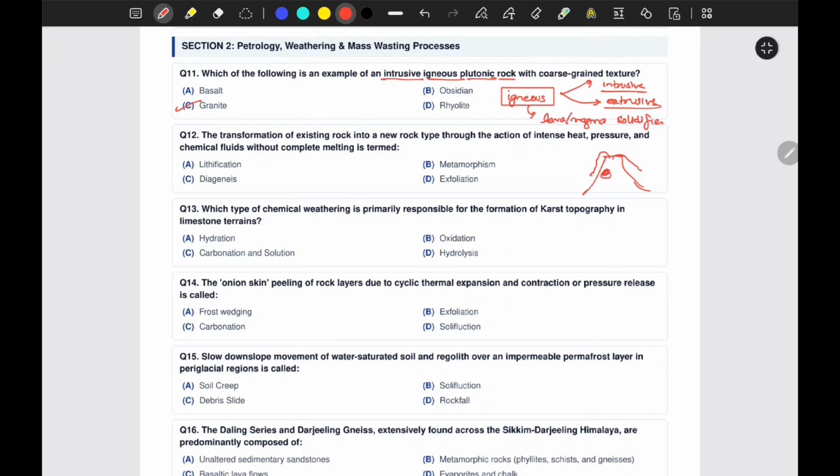Some magma solidifies inside the earth's surface; these are known as intrusive rocks because they solidify inside the surface, and some solidify outside the surface. These are known as extrusive rocks, whereas these are known as intrusive igneous rocks, okay. That is basically the concept of this.